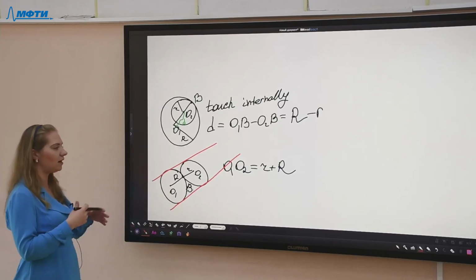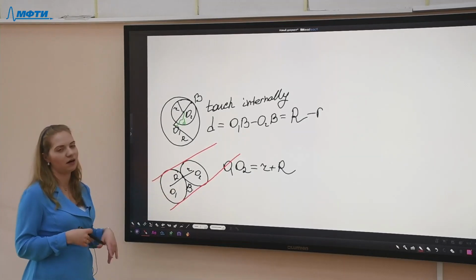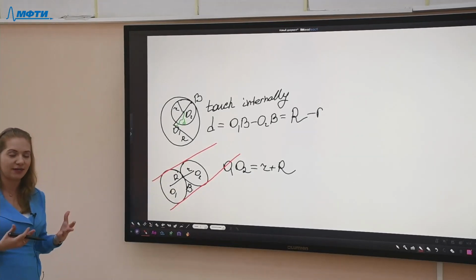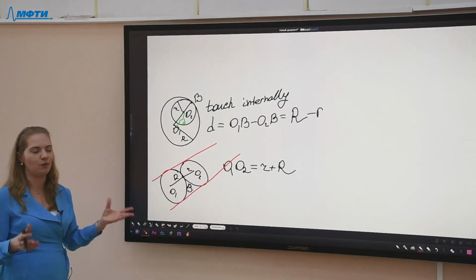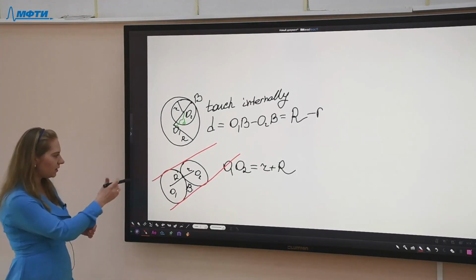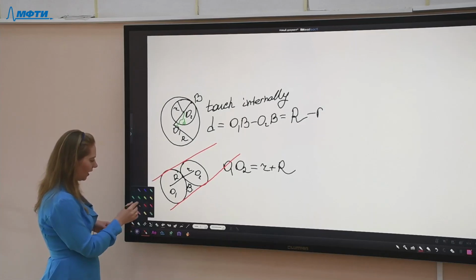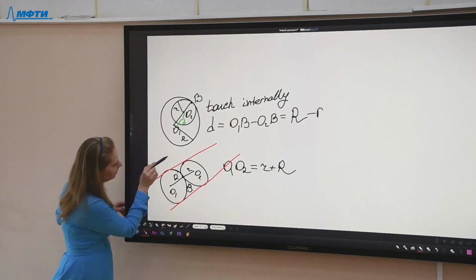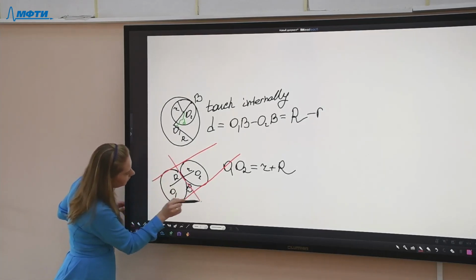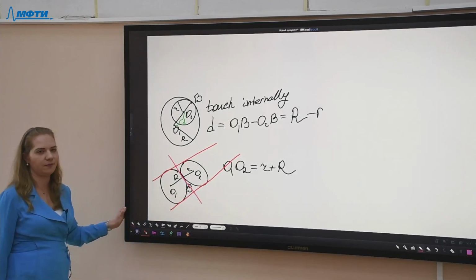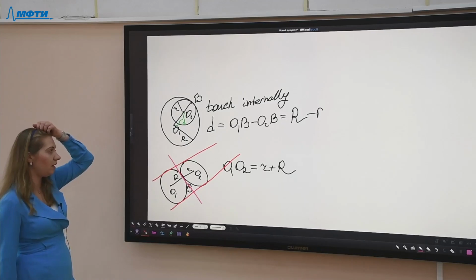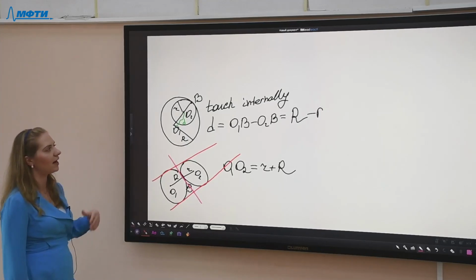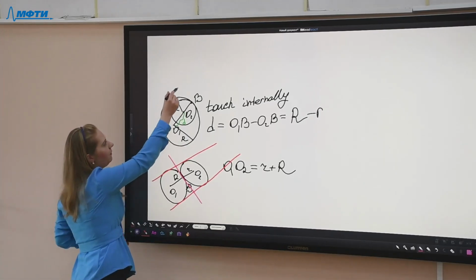If they are congruent, it means that they have the same radius, these two tangent lines will be parallel, so they will never meet. And also in this case, they have another common tangent line here. If we are talking about this situation, they also have a common tangent line passing through B here.